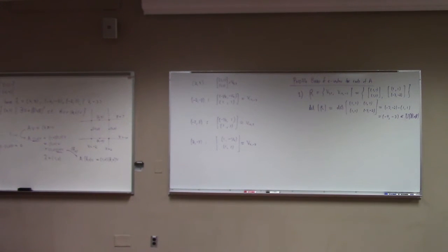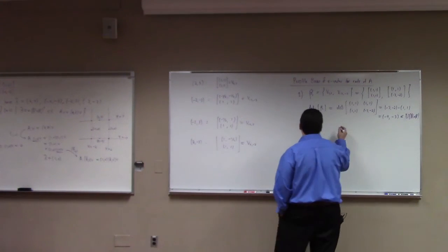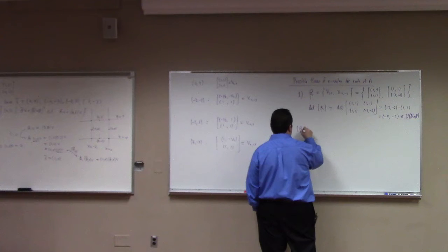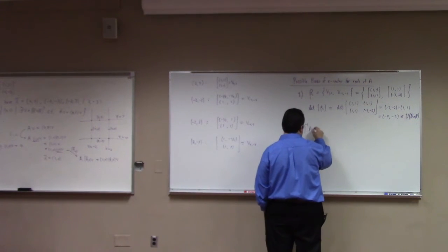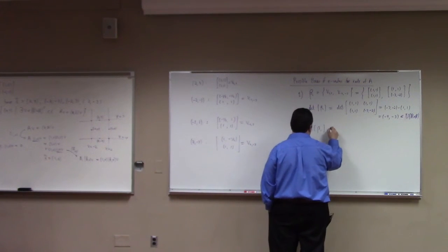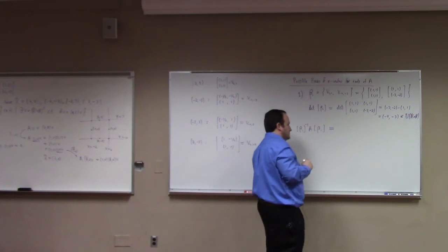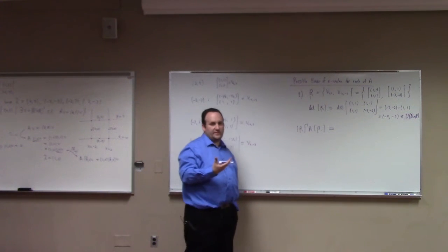So we could construct the, let's see here, we can construct the diagonalizing matrix, right? We can look at beta 1 inverse A beta 1, right? And if we sort through that calculation, what should we get?